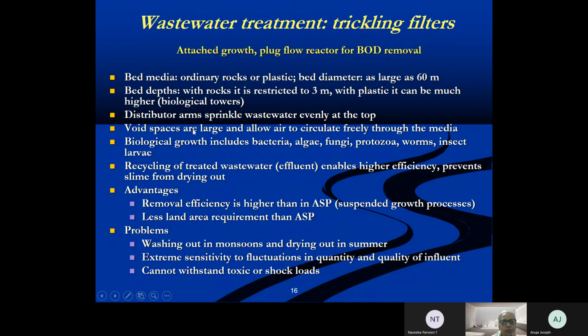There are several problems in terms of managing trickling filters which are based on rocks and stones. You can use distributor arms to sprinkle the wastewater evenly and uniformly at the top. The void spaces in these types of media, whether it's rock, stone, or plastic, are very large. So there are huge air spaces, and that is essential for ensuring that not just water, but air and water will circulate freely through the media, and that is essential for the efficiency of the process.